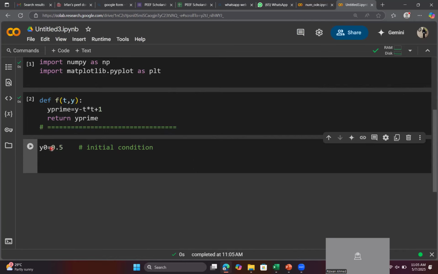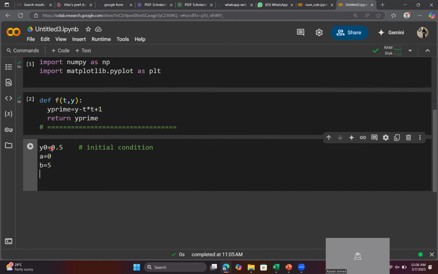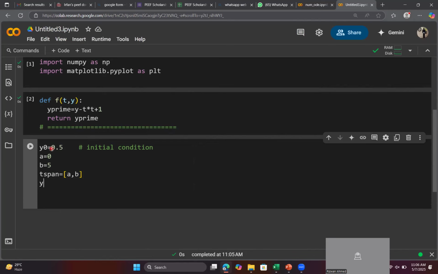Then I require the time interval. So I write a starting time, say 0, and the end of the interval as b, say 5. So the time span is from a to b. For the solution vector, it has to be generated with a step size.